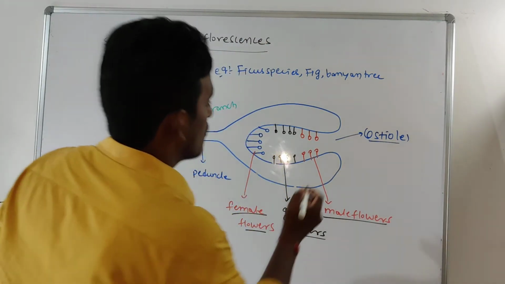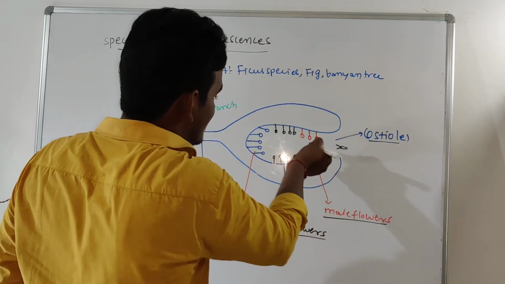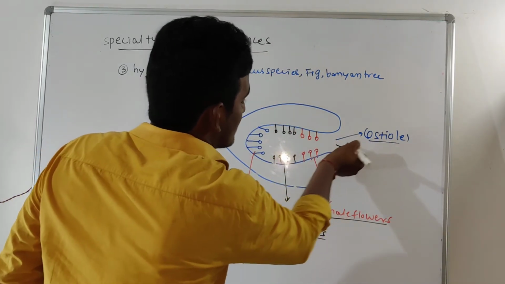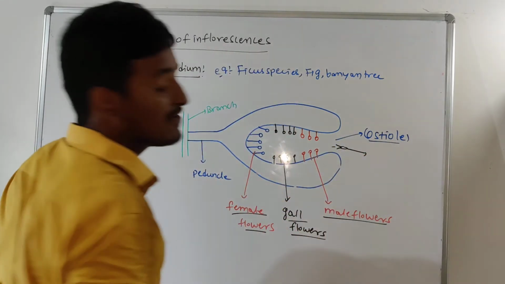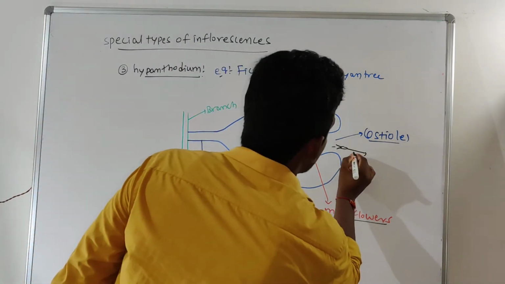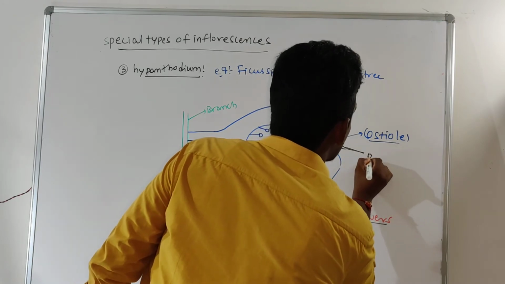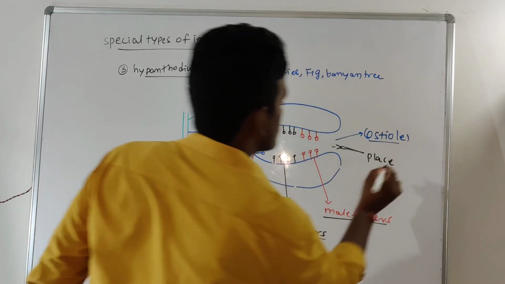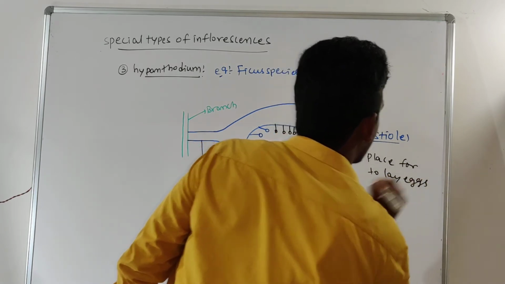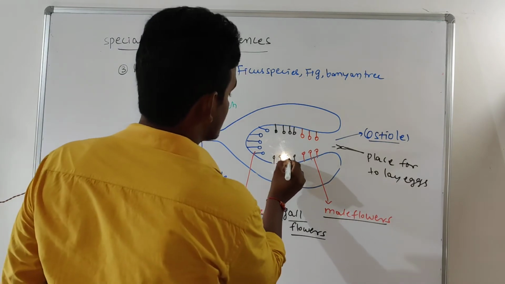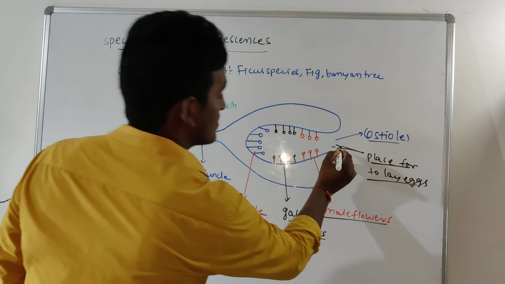When the insect blastophaga comes into contact with these flowers through this ostiole, the insect benefits. How is it benefited? It has a place to lay eggs inside these female flowers.